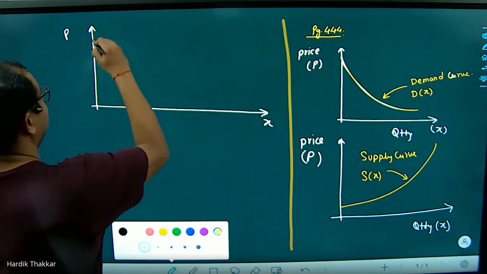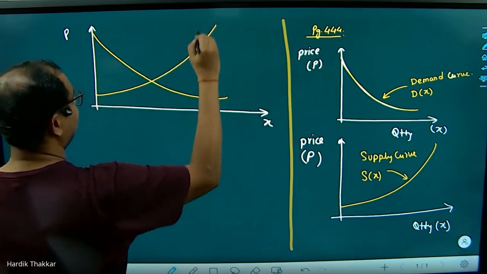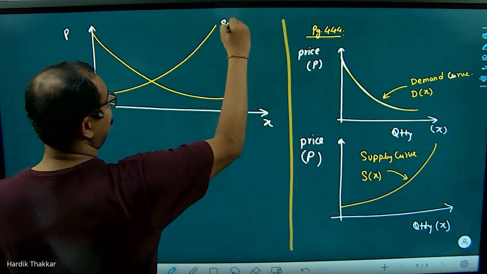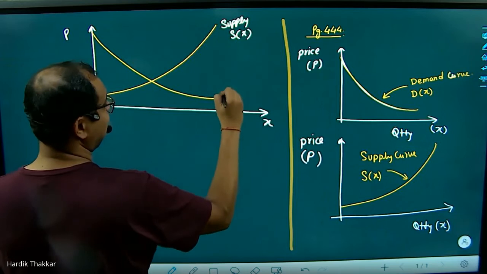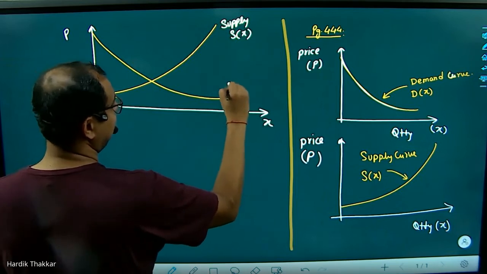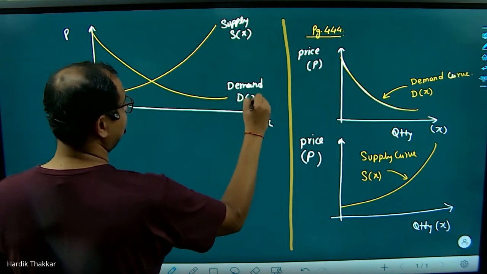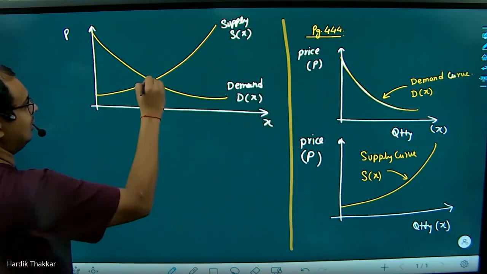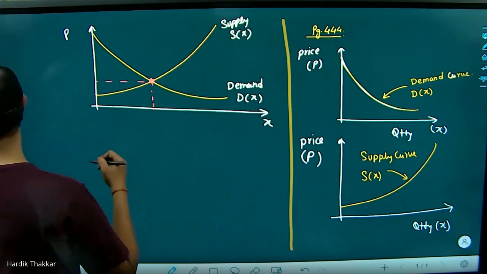It is the point of intersection of supply and demand. So if this is your supply curve s of x, and this is your demand curve d of x, the point where these two curves intersect each other is called the point of equilibrium.